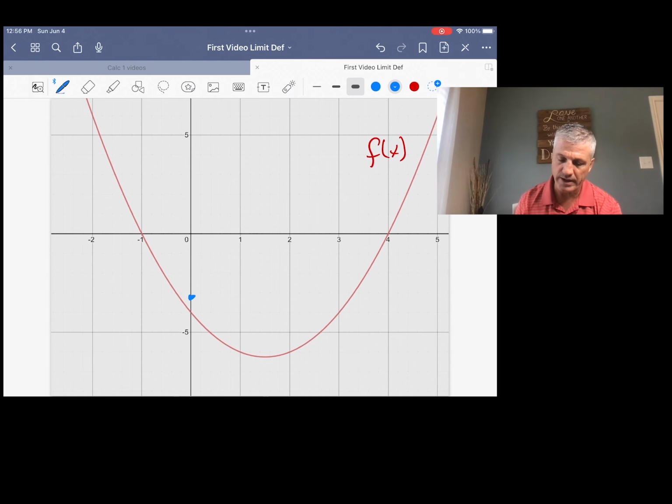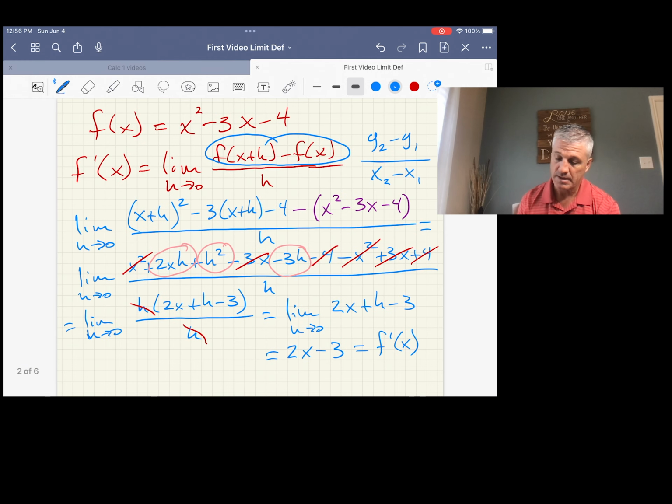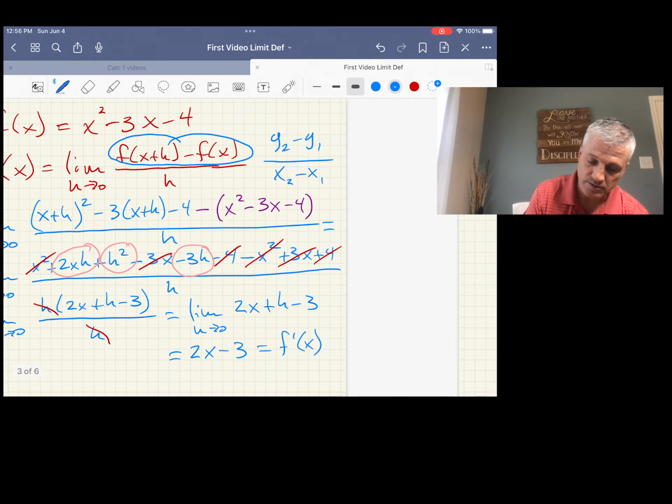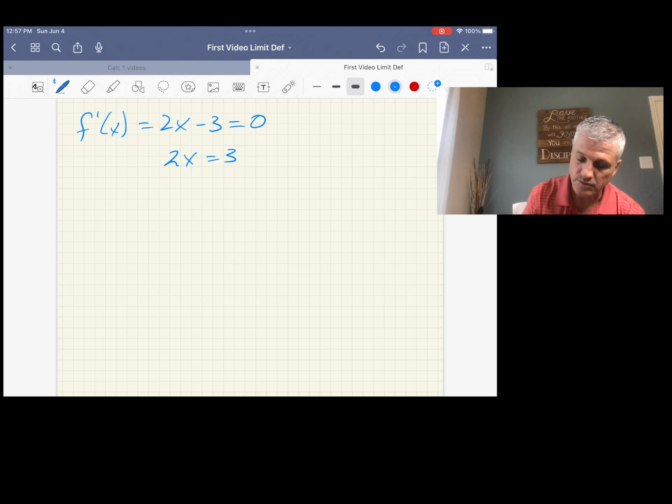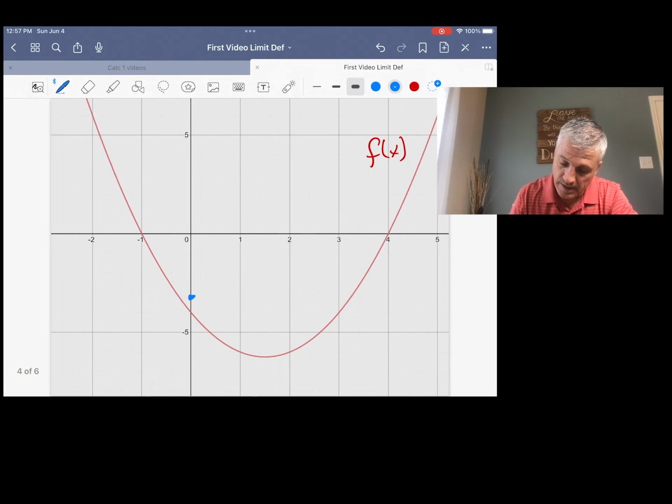But I think another way to think through this is, where does this equal 0? So if I say, where does f prime of x, which is 2x minus 3, equal 0? Well, I get 2x equals 3, so x equals 3 halves. So at 1.5, I know it's 0, so I can come here to 1.5.